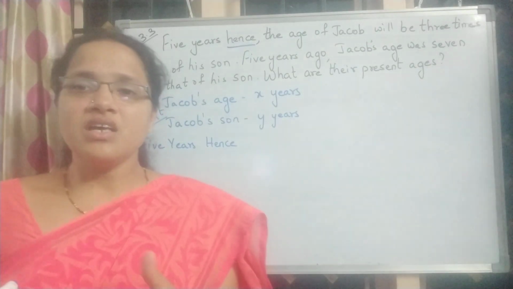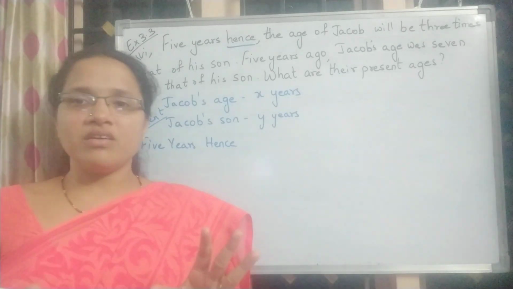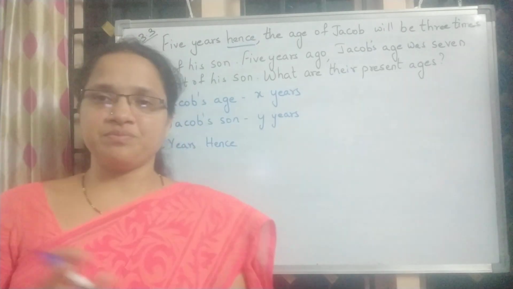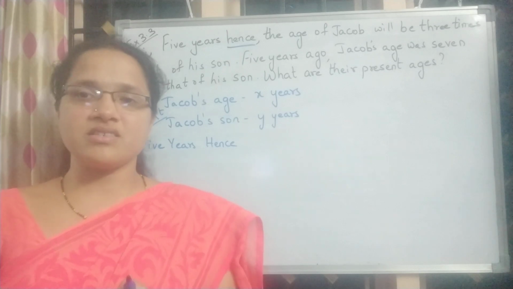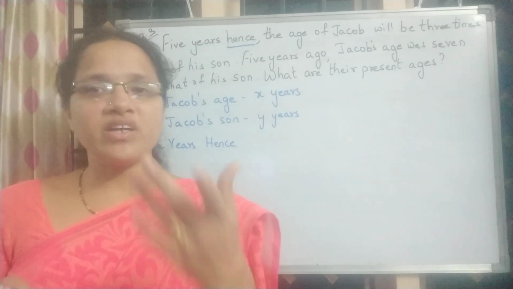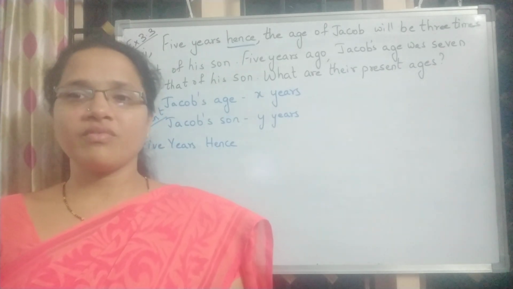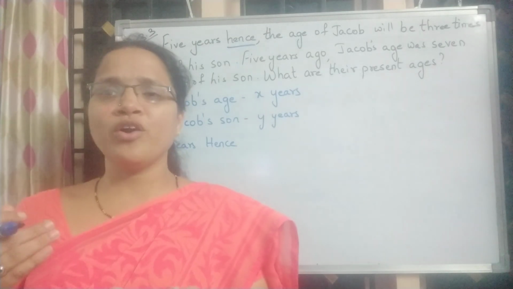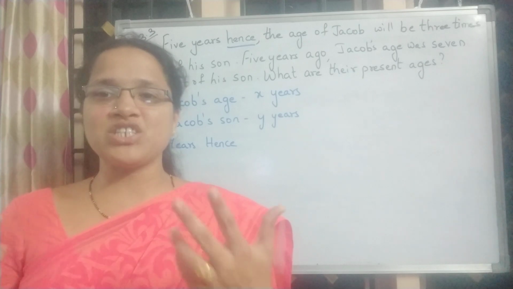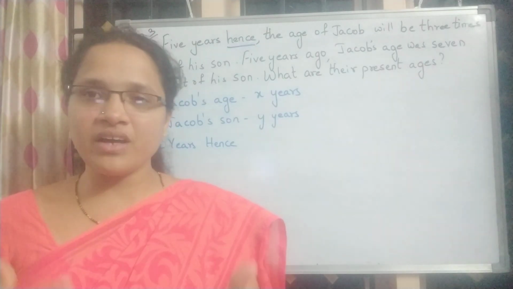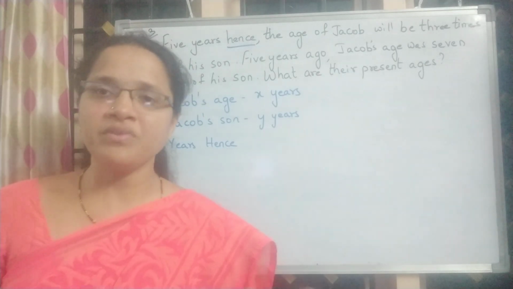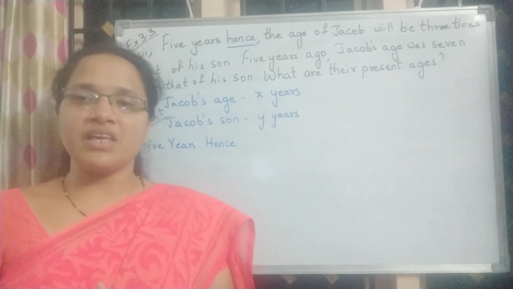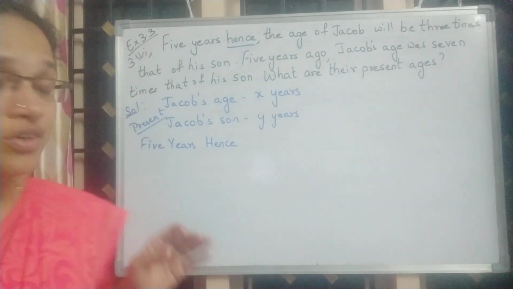Suppose you are 13 years of age at present. After 5 years, what is your age? Yes, 18 years. You won't go backward. We are counting our age in the forward direction right from the birth. That is what you have to remember, children.